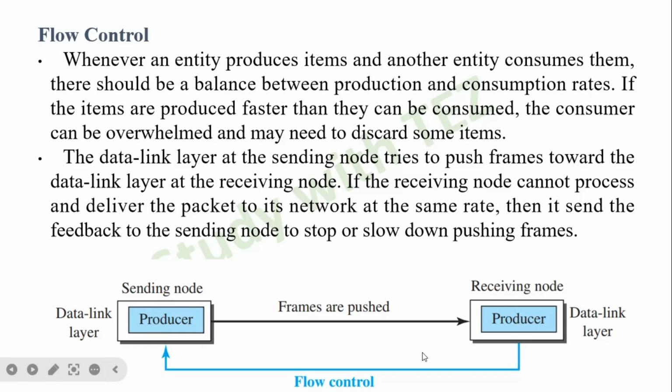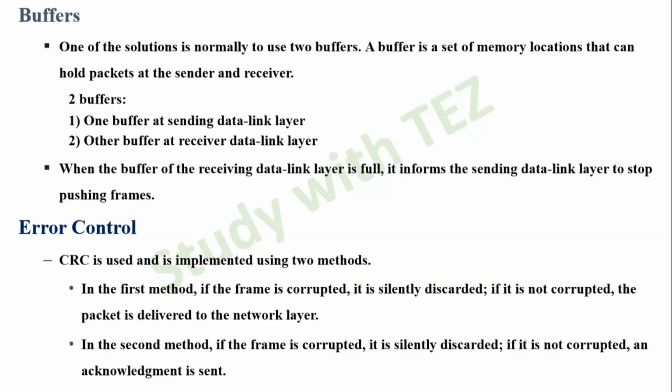Then it sends a feedback or flow control message to the sending node telling it to stop or slow down the production of frames: don't push the frames, slow down or stop. Once this message is received, the sending node either stops or slows down the pushing of frames. This is how flow control is achieved.